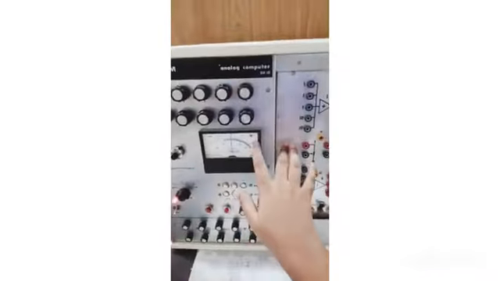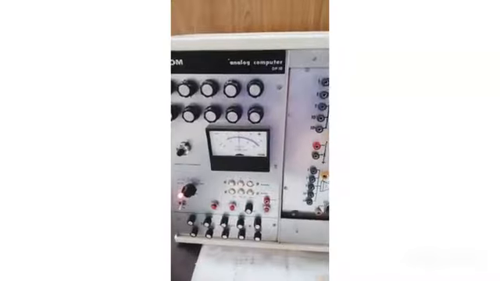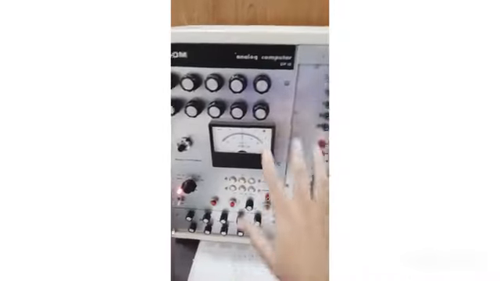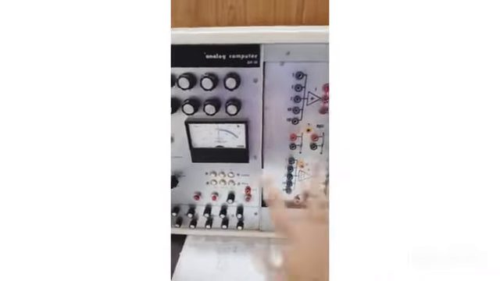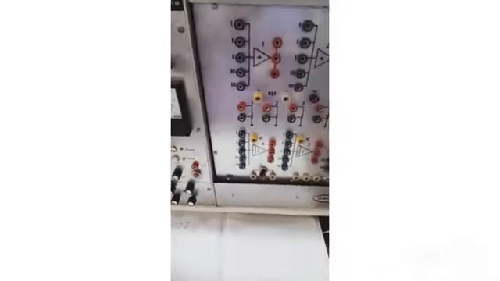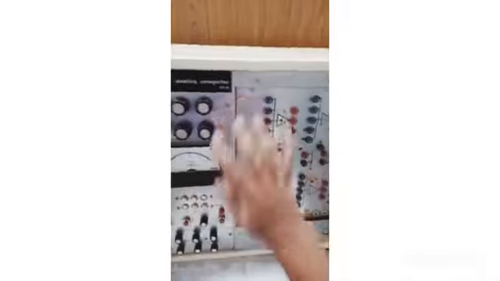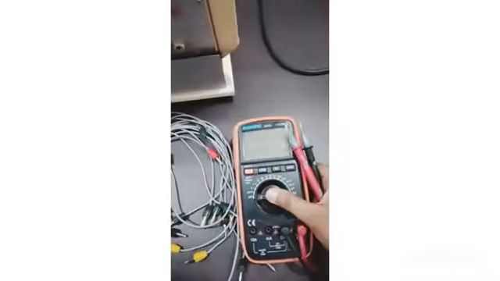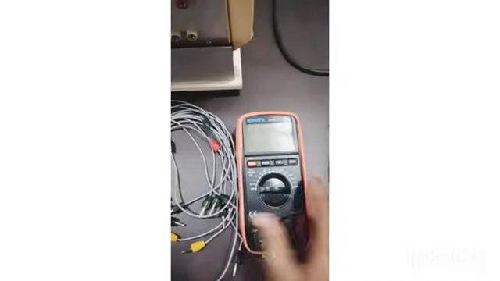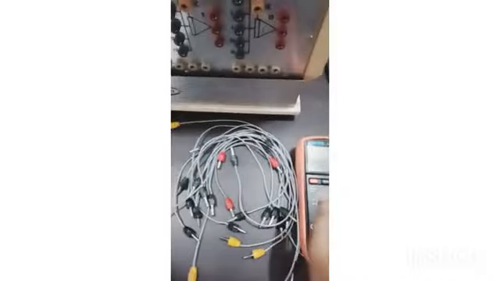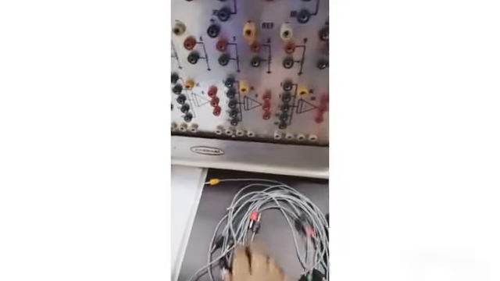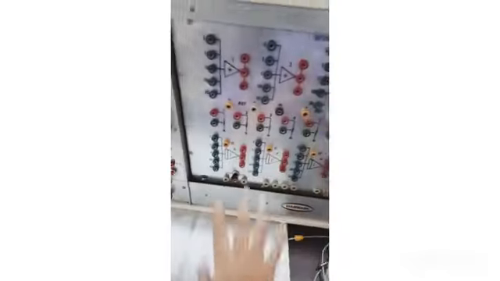When you perform this experiment, you should turn it on for 15 minutes so that it warms up, so it gives a good result. What do I need to perform this? I already have the analog computer, I need patch cords, and here is a multimeter. I will show you how to read a multimeter in another video, but let me make this video specific to our analog computer. So here are our patch cords, which we will add here.